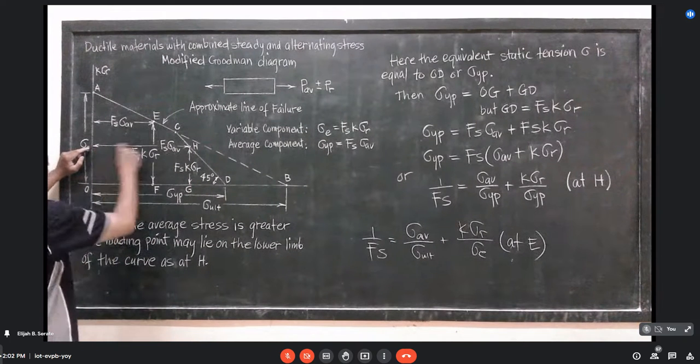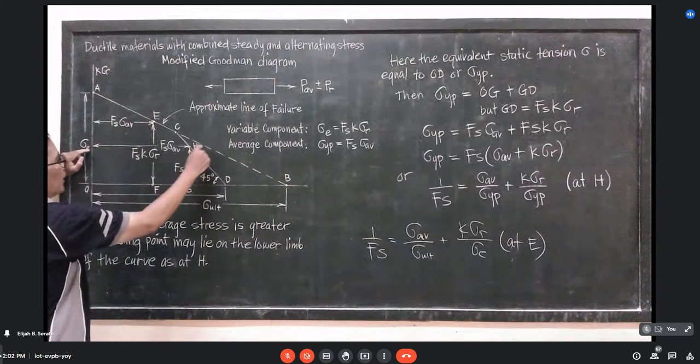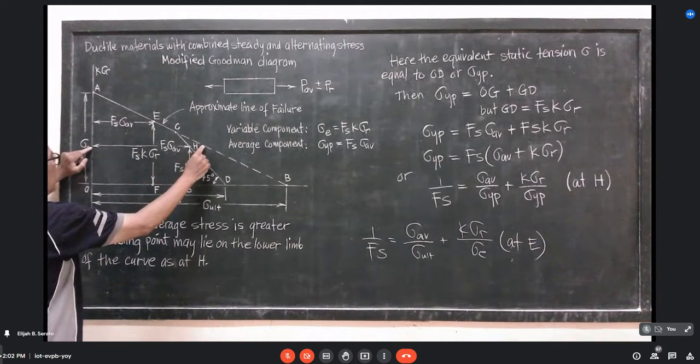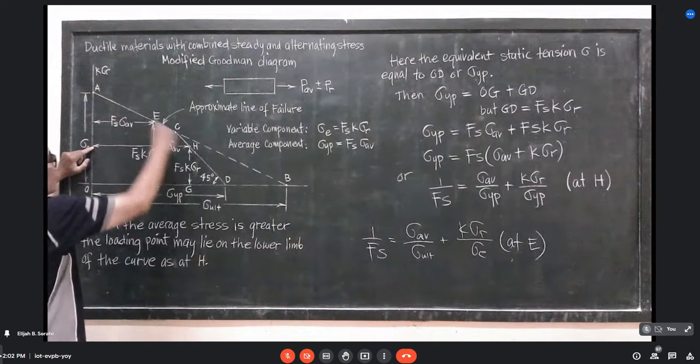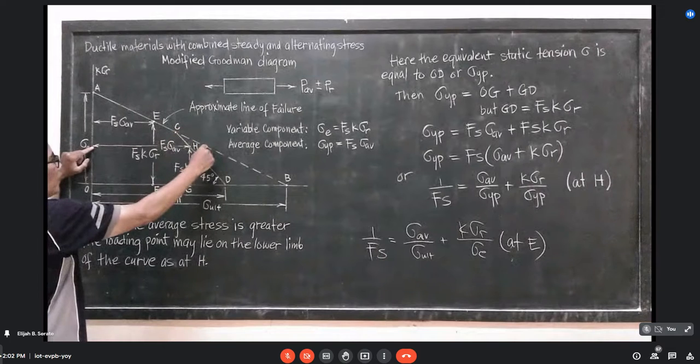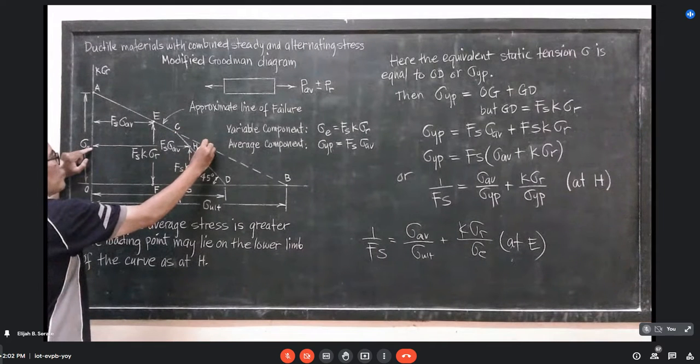This is the line when it is at E. When it is at H, between C and D, it is there. When it is between at E, you go straight, it is here.